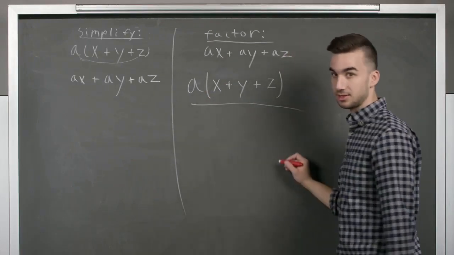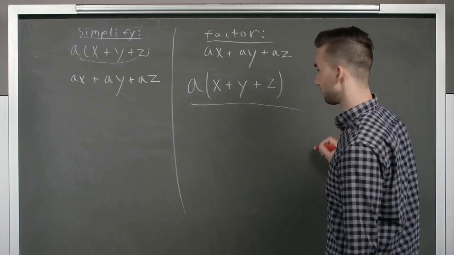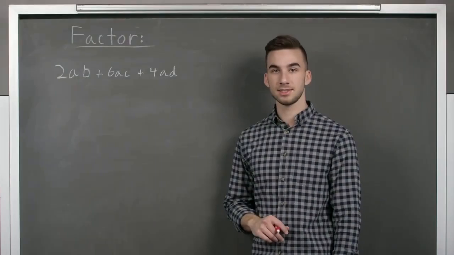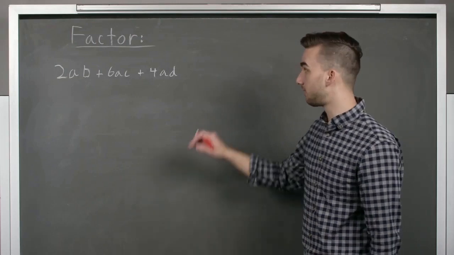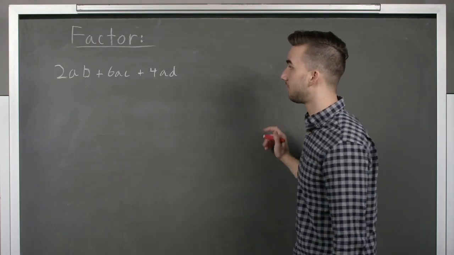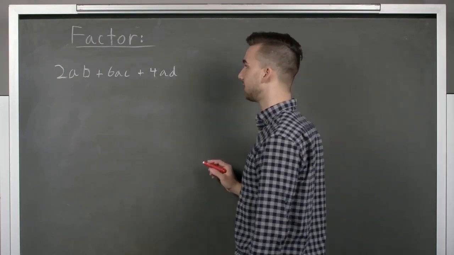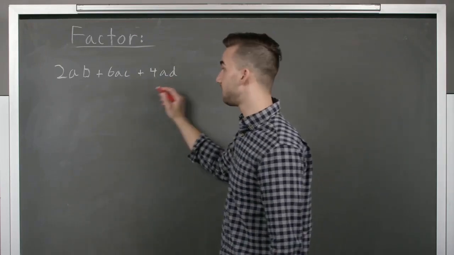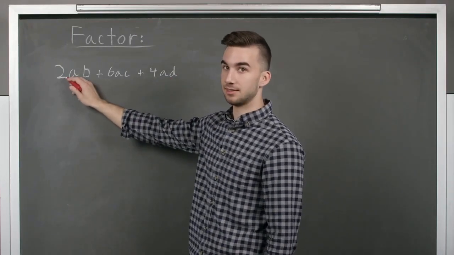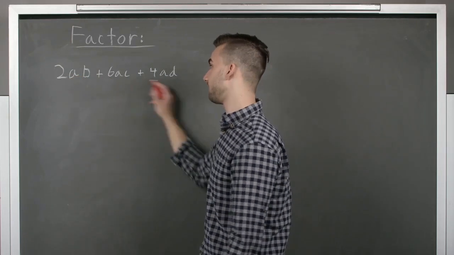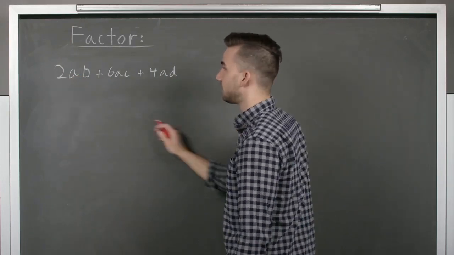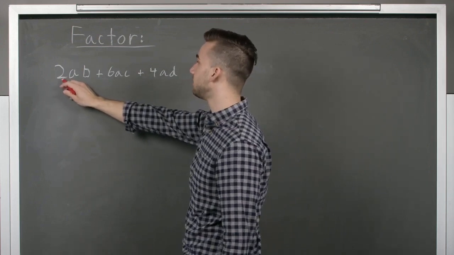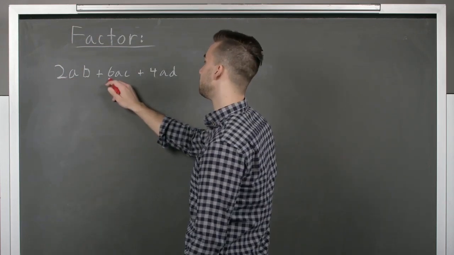Let's do some more examples to get more comfortable with it. Here's an example. We can factor this polynomial: 2ab plus 6ac plus 4ad. Let's go through each term and find what's in common. We have a 2 here. Do we have any other 2's? Yep.